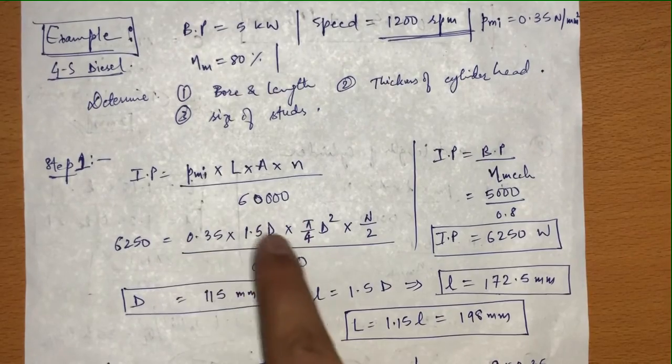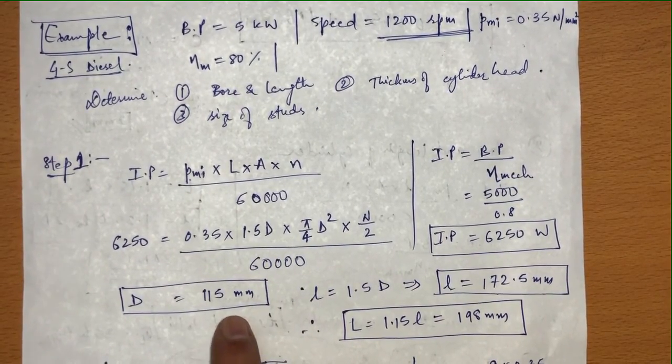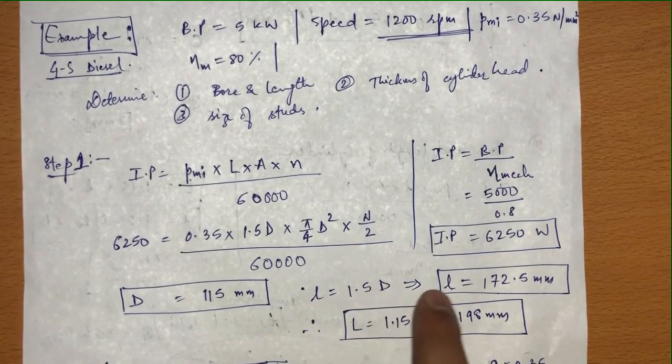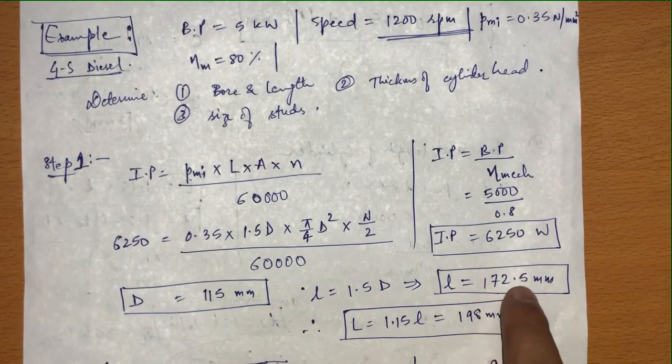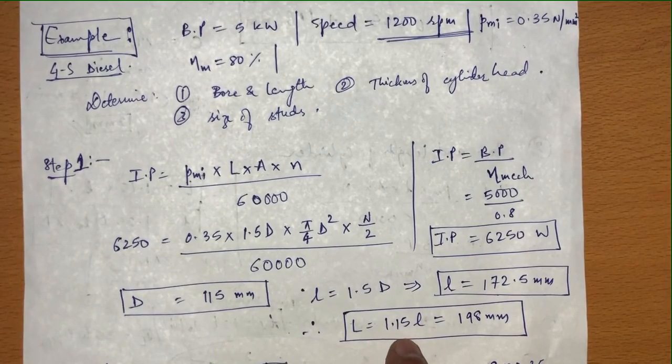On solving this relation, we get the value of capital D as 115 mm. Substituting this value in small l as 1.5 D, which gives small l as 172.5 mm. Further, to obtain capital L, it is 1.15 into small l, which is 198 mm.